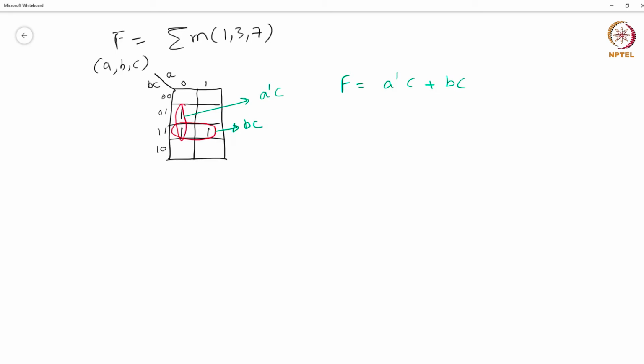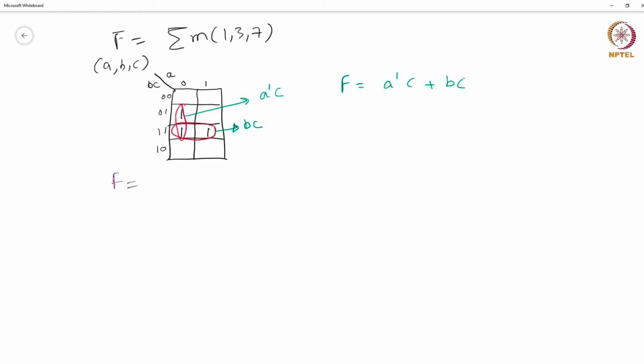Similar to this, let's also do it for the max term expression. Let us say the same function f can also be written as a max term. Let's say for max term I'll use this violet color.